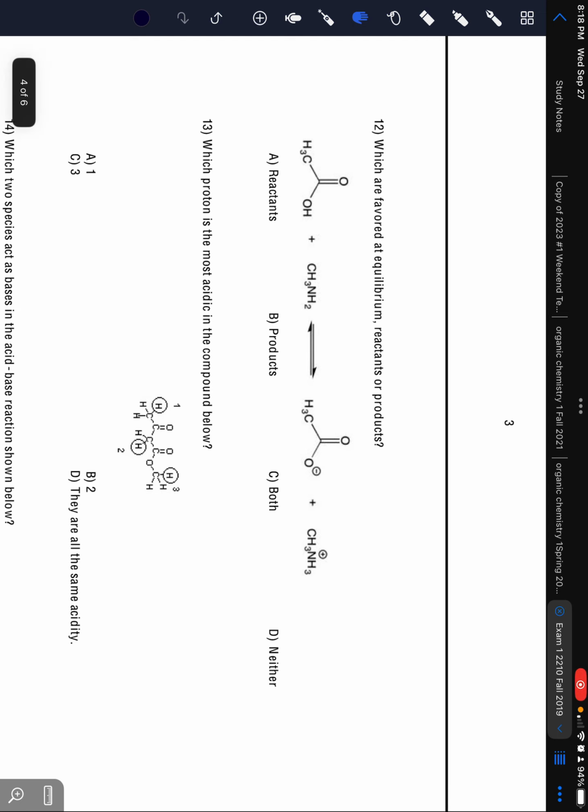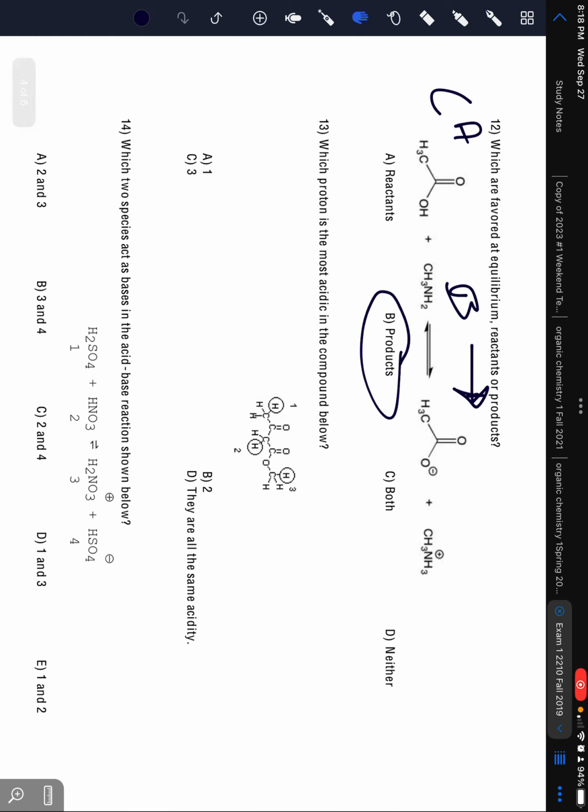Which is favored at equilibrium? So this is a base, right? A base, and this is a carboxylic acid. So it will go towards the products, meaning it goes this way. What is the most acidic proton?